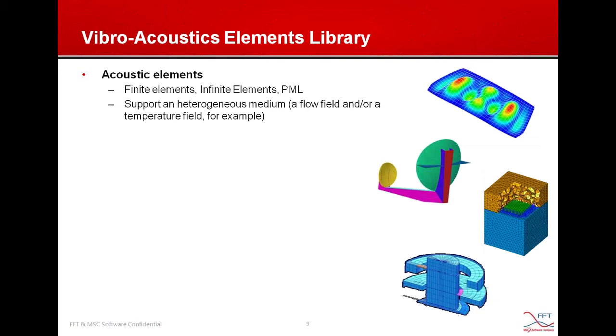of acoustics in Actran is based on the finite element method for acoustic propagation and infinite elements for free field radiation into far field. We also have a perfectly matched layer method, or the PML method, which is an alternative method for free field radiation.